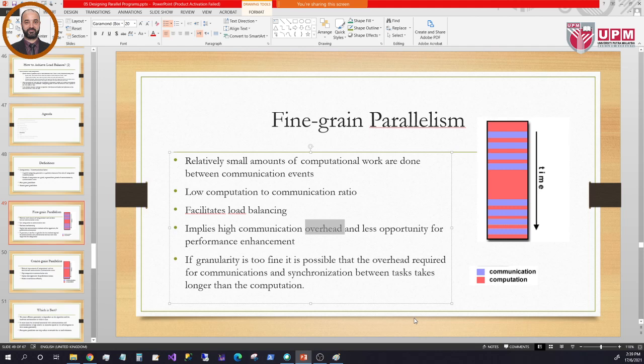In some problems, the maximum fine granularity is only 10, but in some applications it could be 100 or 1,000. But here we always need to keep in mind the balance between communication and computation, to avoid the unnecessary overhead which will hinder the performance enhancement. Okay?